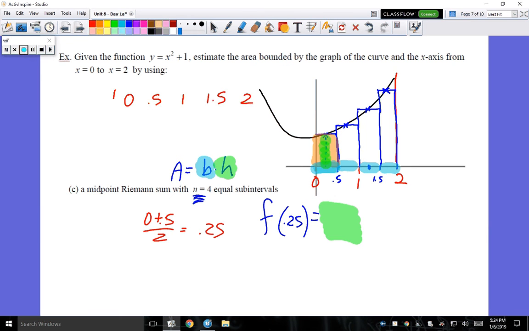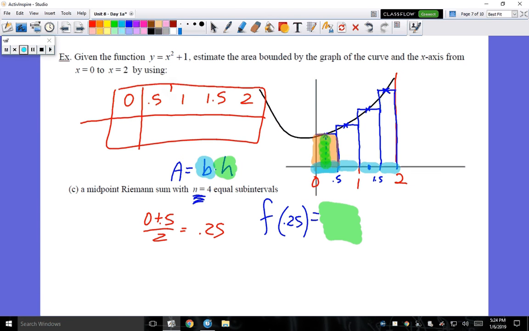Okay, so you have 5 points. Here's your x's, here's your y's. Now, in order to do midpoint, okay, you need to find the average between those x's. So 0 plus 0.5 divided by 2 is 0.25.